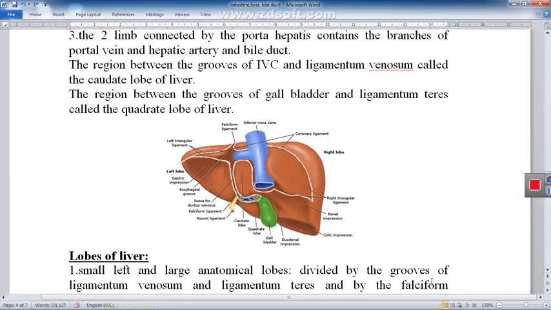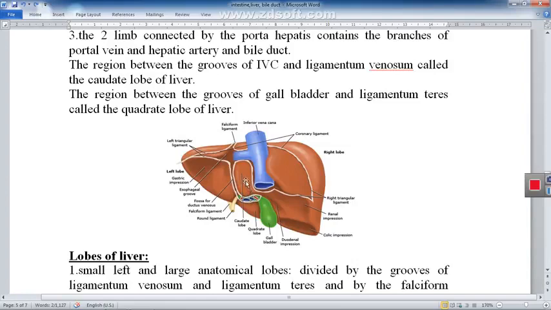If you look at the H-shaped configuration on the visceral infero-posterior surface, formed by the groove of inferior vena cava, groove for gallbladder, fissure of ligamentum venosum, fissure of ligamentum teres, both are connected by the horizontal porta hepatis.